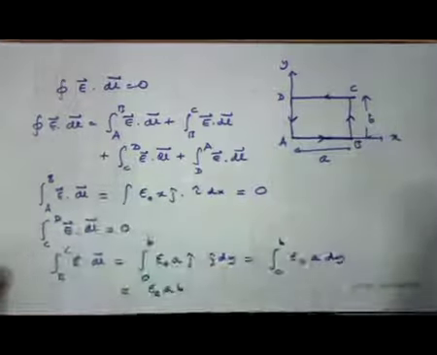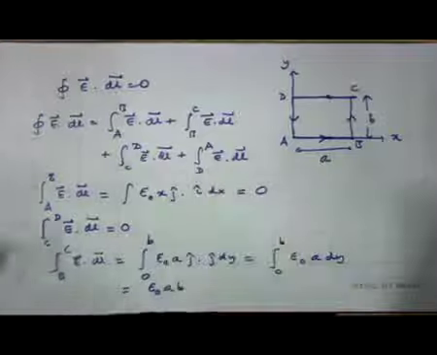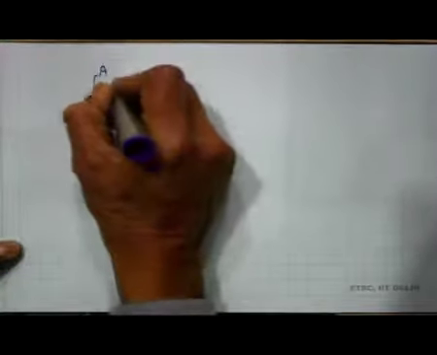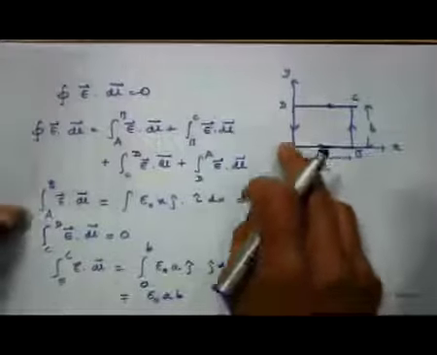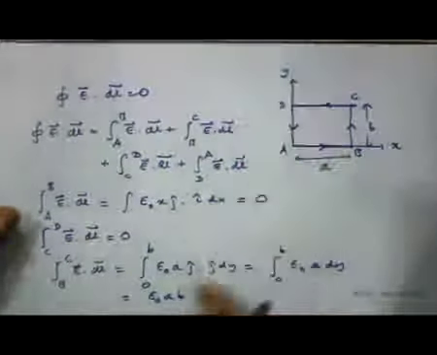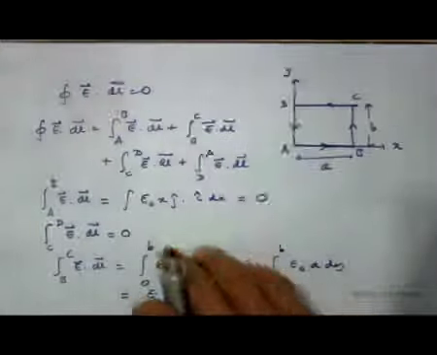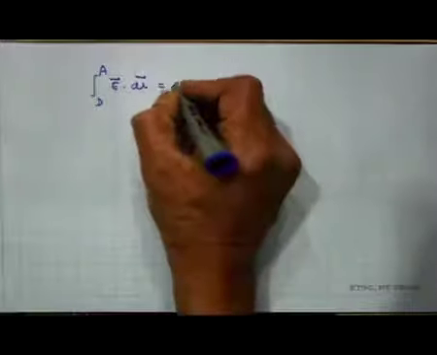Now, what about the final integral, d to a of E dot dl? This is a line on the x equal to 0 line, and at x equal to 0, as you can see, the electric field itself is 0. So, this integral is also equal to 0.